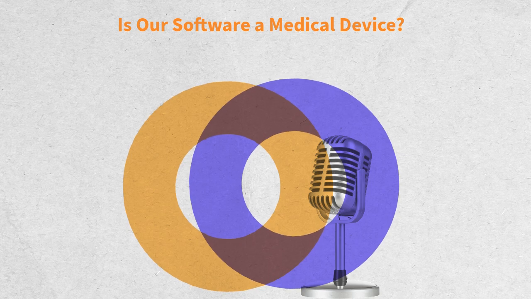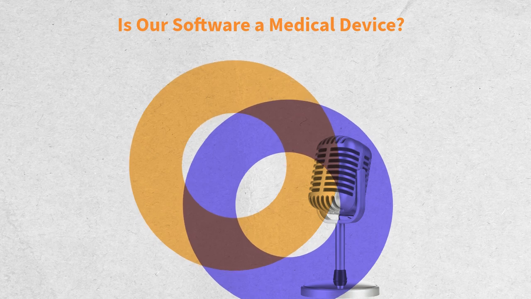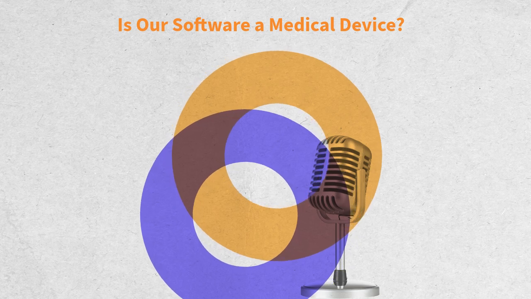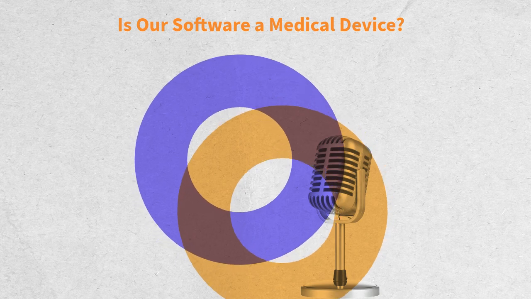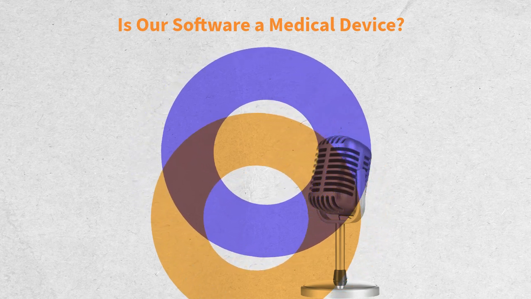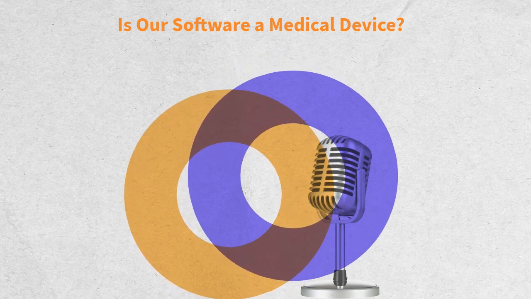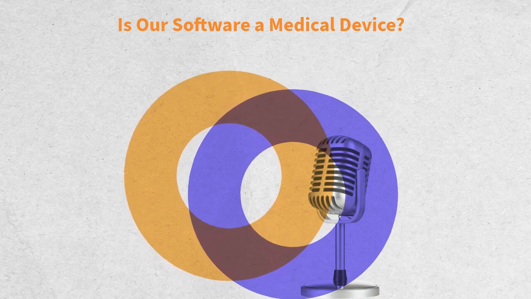What requirements should a software have to be classified as a medical device? This is where the real play is. Not all health software are medical devices. The key element is again the intended use declared by the manufacturer. So, specific medical purpose, diagnosis, treatment, clinical monitoring, intended to be used in humans.